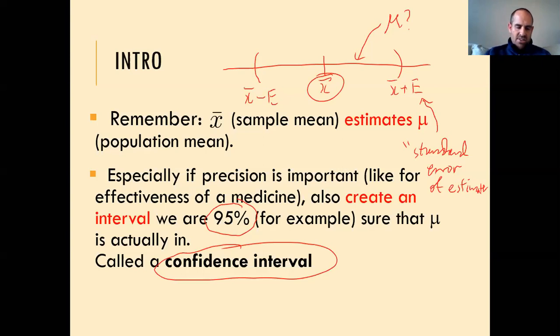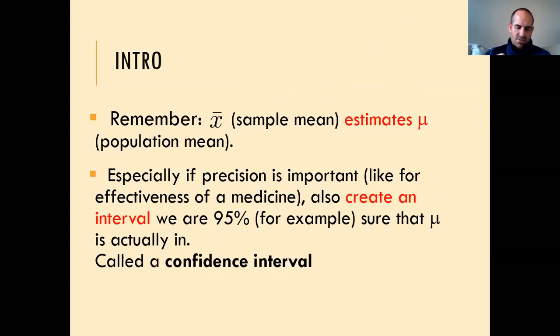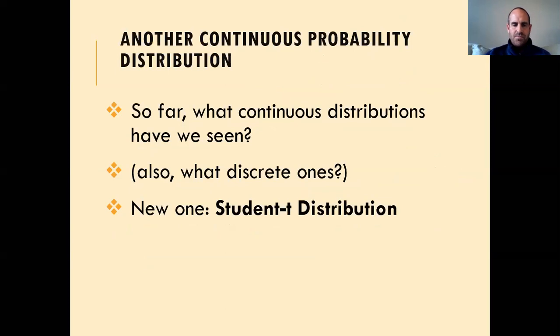Let's see how this works out in practice. First off, what continuous distributions have we seen? Some of the more famous ones would be the uniform, the exponential, and the normal distribution.